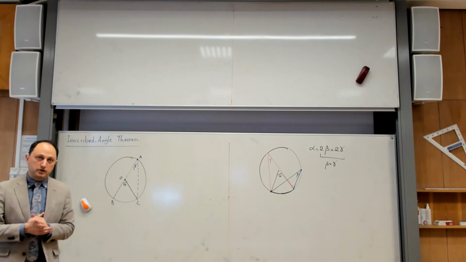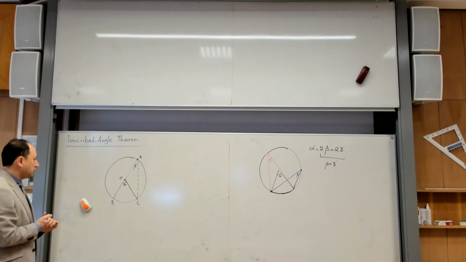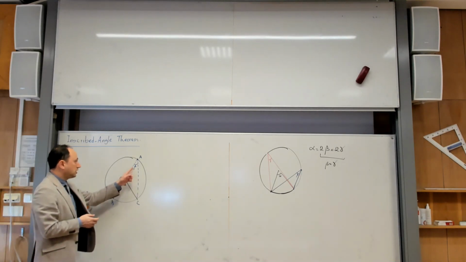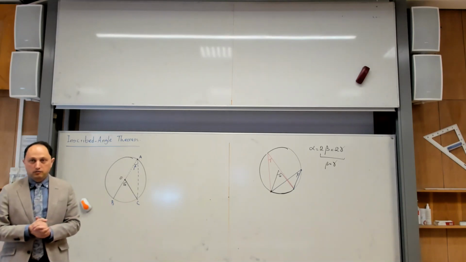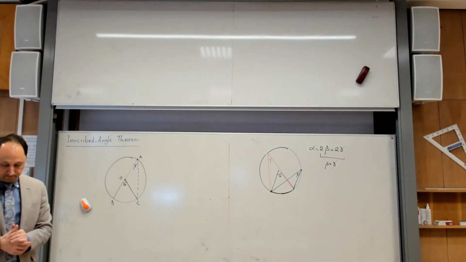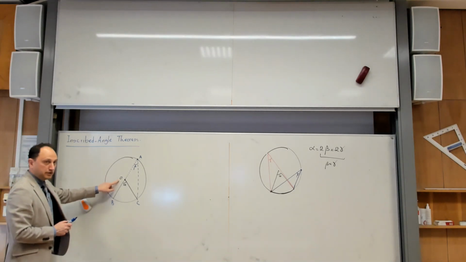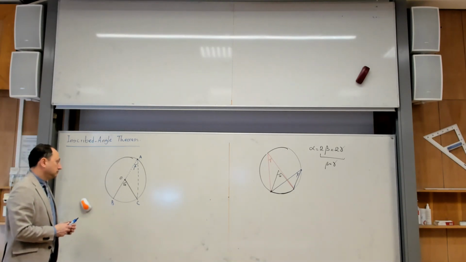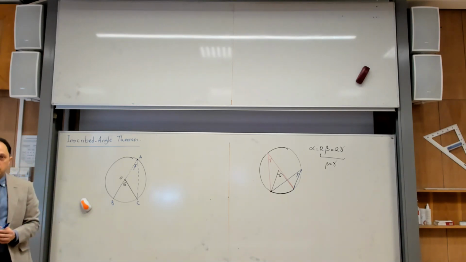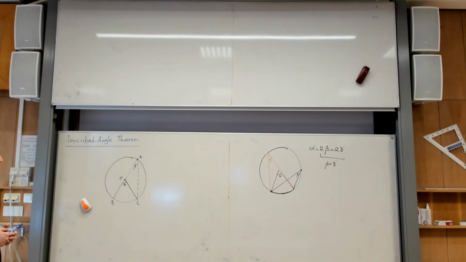This is extremely simple. Why is this the case? Why do you think alpha is two times larger than beta? Almost obvious. Remember, O is the center. Why is alpha two times larger than beta?